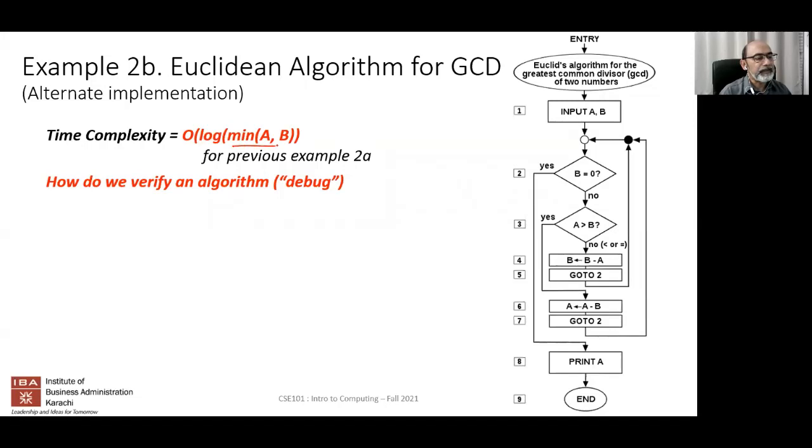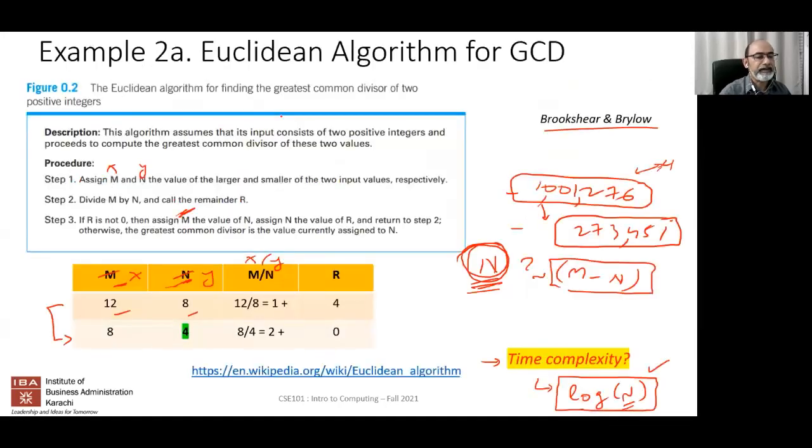It's the minimum of these two. So for example, if I take 1 million over here, and 273,000 over here, we're going to take the minimum of these two, which in this case is 273,000. So it will be log of 273,000. The number of steps is going to be proportional to the log of 273,000.